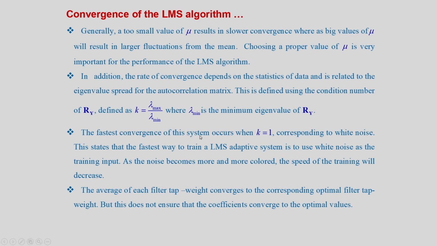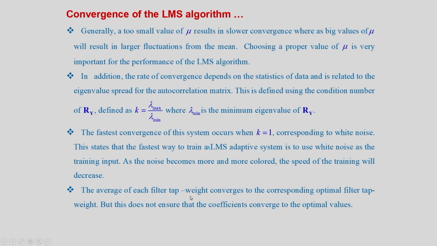The fastest convergence of the system occurs when k is equal to 1, corresponding to white noise. So, this condition also implies that the fastest way to train an LMS adaptive system is to use white noise as the training input, because in the case of white noise all eigenvalues are equal, therefore lambda max by lambda min will be equal to 1. As the noise becomes more and more colored, the speed of training will decrease.